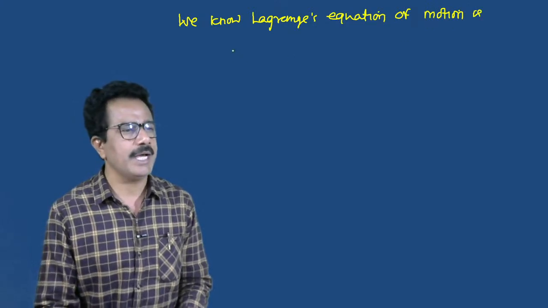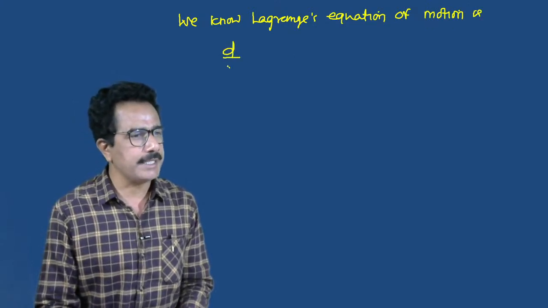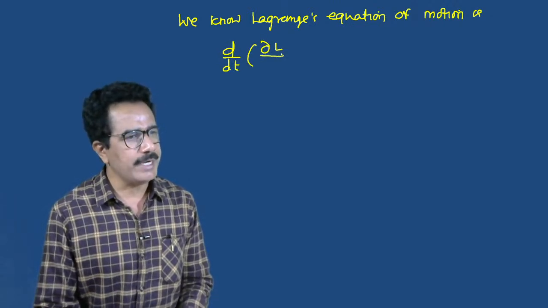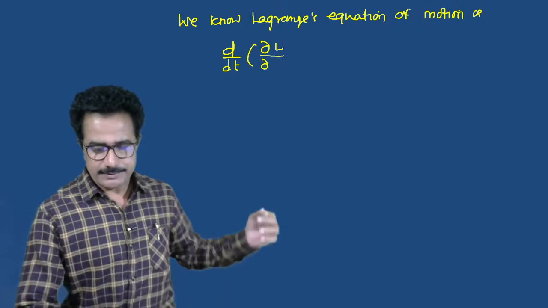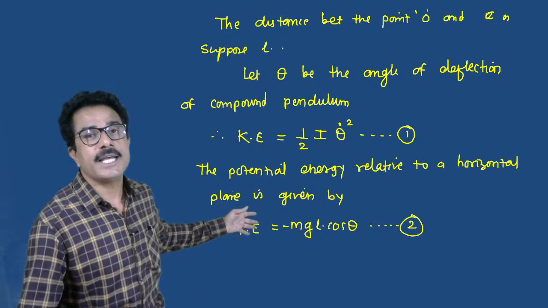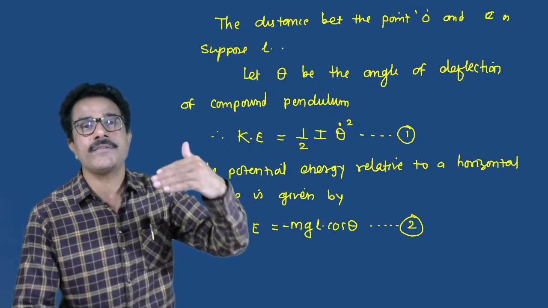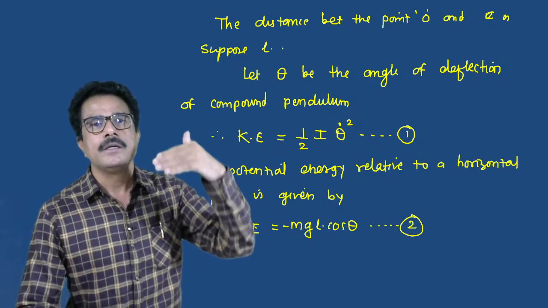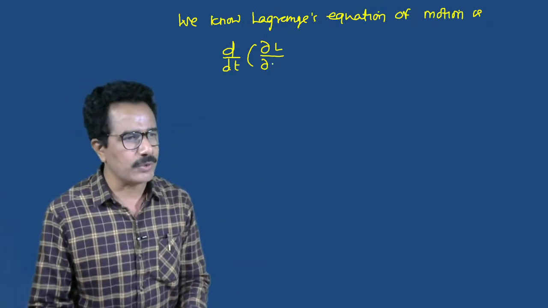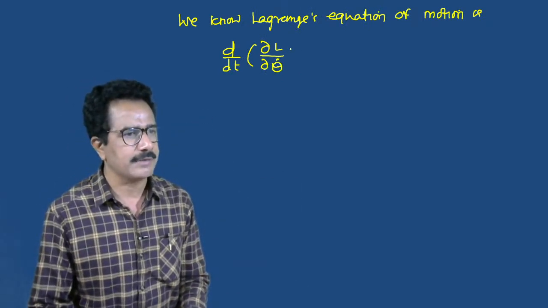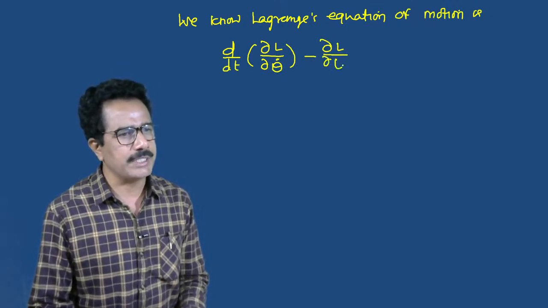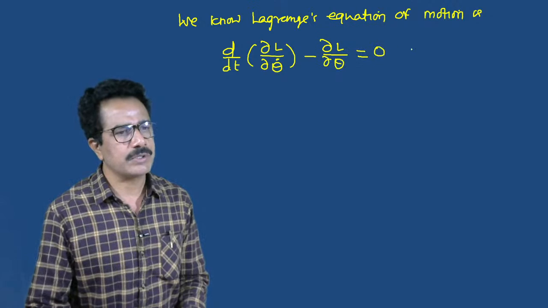What is the formula? It is d by dt of dou L by dou theta dot, minus dou L by dou theta, equals 0, where theta is the generalized coordinate, so we write it in terms of generalized coordinates.